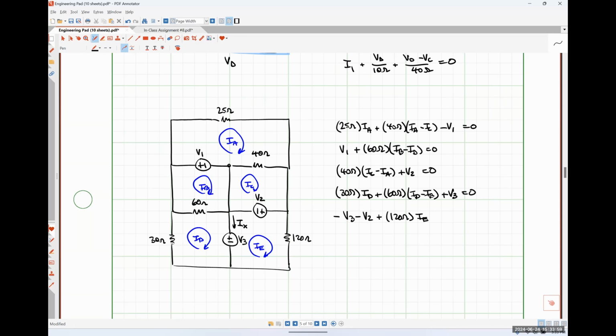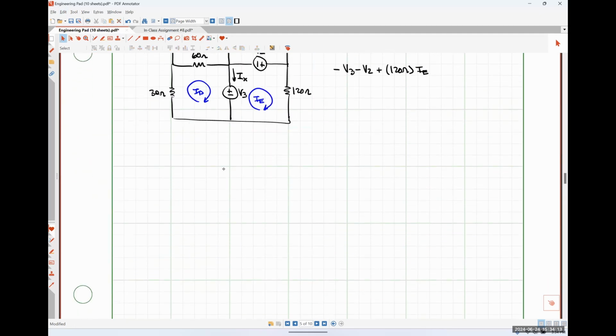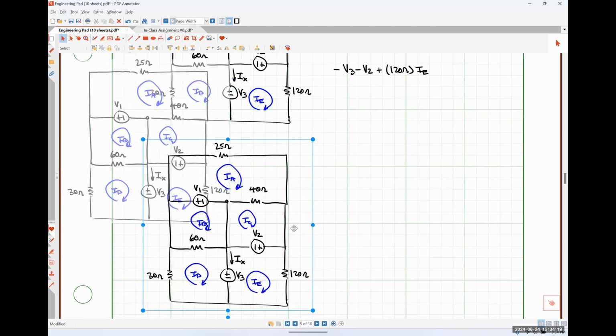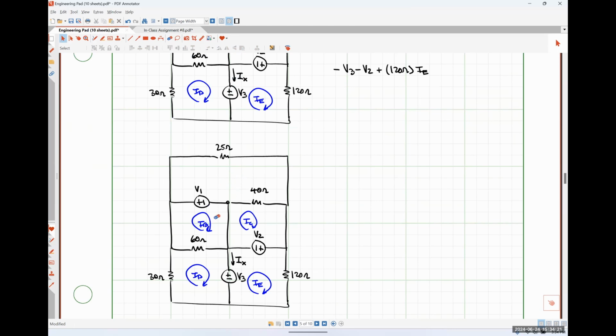Okay. I don't want to erase that per se, so let me show you, just for the sake of argument, how I would do it with nodal, because I genuinely do think it's going to be easier. So that's one node.